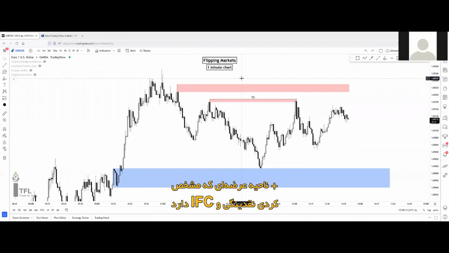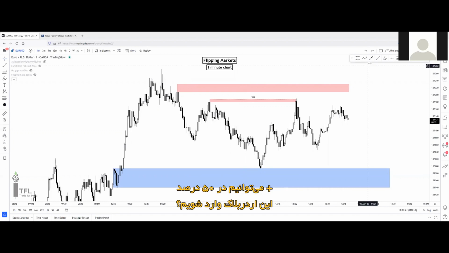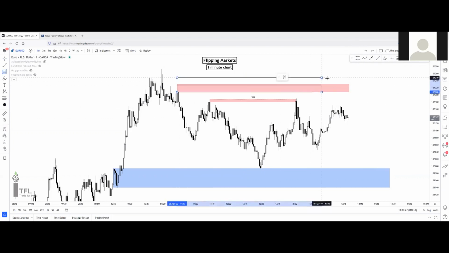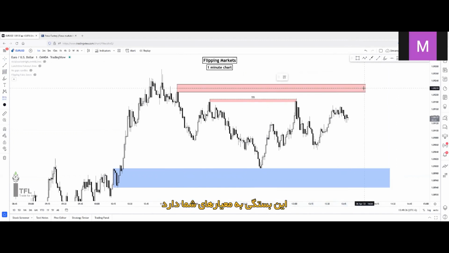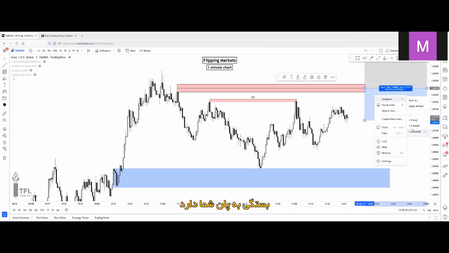This supply zone has efficiency and liquidity, and we can enter this order at 50% of this order block, or do we wait for confirmation? Because in all of the trades I do, I have a fear from the entry. That's what I was explaining a minute ago. It depends on your own criteria. It depends on your own plan.